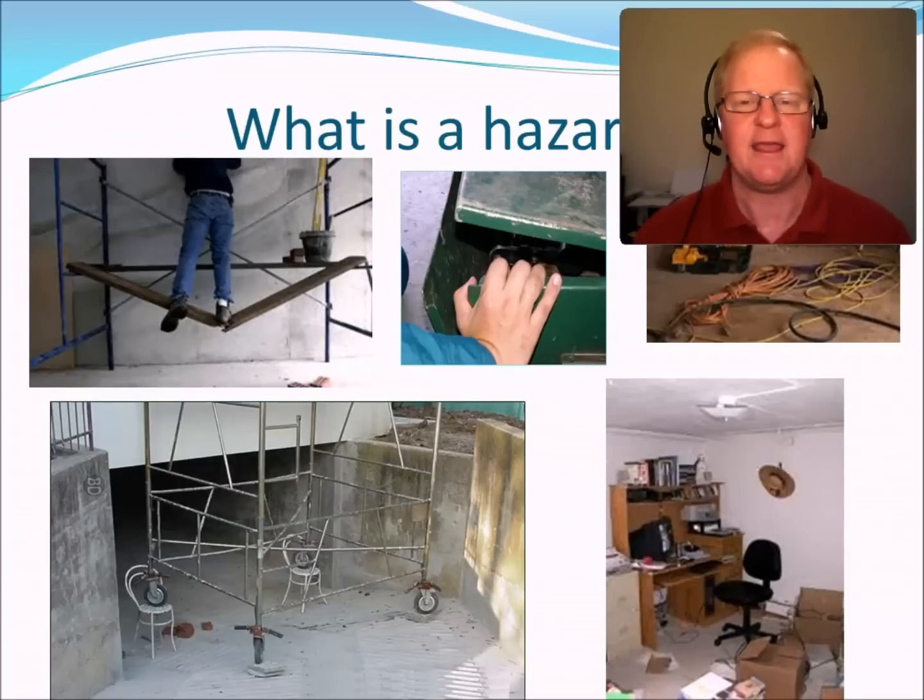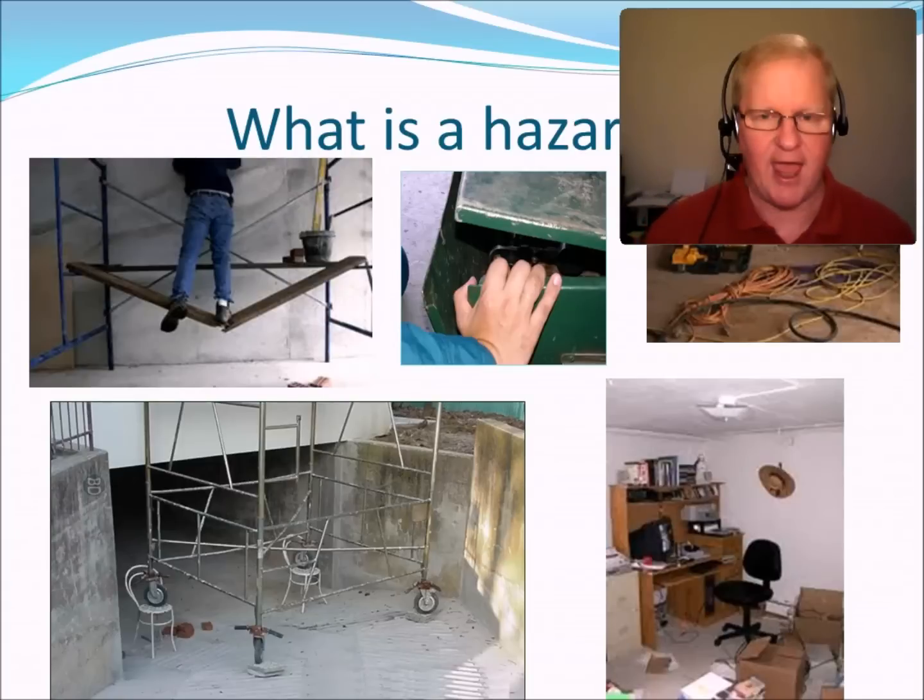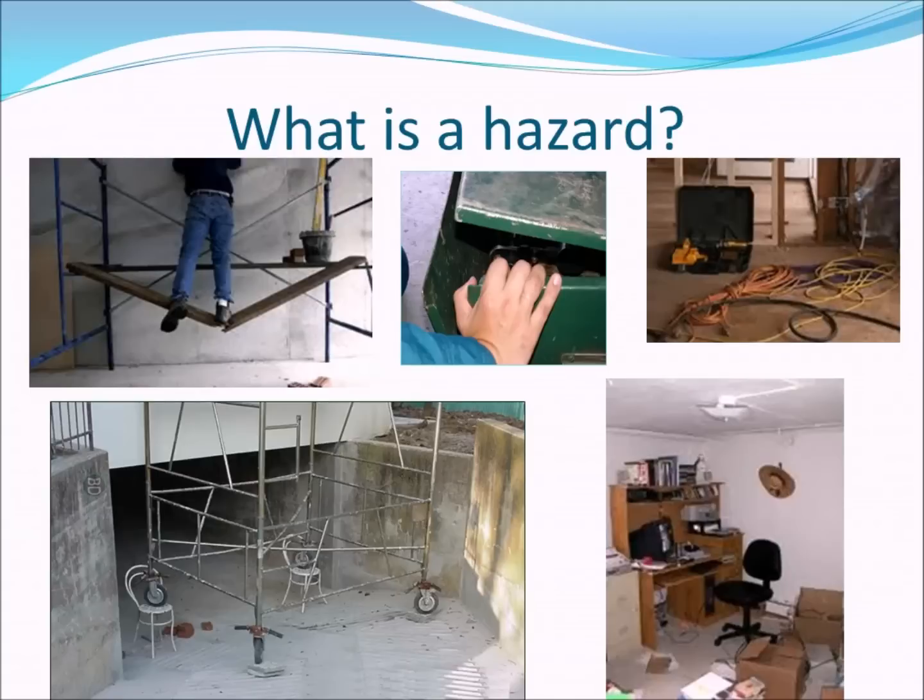As you can see there, this is just a slide that says what is a hazard. And if you have a look at each of those examples there, you'll find that they can vary from faulty equipment to trip hazards to a poorly set up workplace that is using substandard equipment to prepare and do work in the workplace.